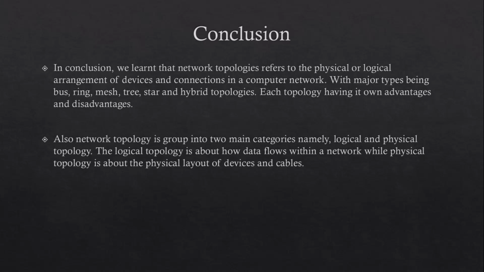Also, network topology is grouped into two main categories named logical and physical topology. And the logical, as we said, is about how data flows within a network, and the physical is about the physical layout of devices and cables, how they are designed physically, how they are positioned. That is what physical topology is about.